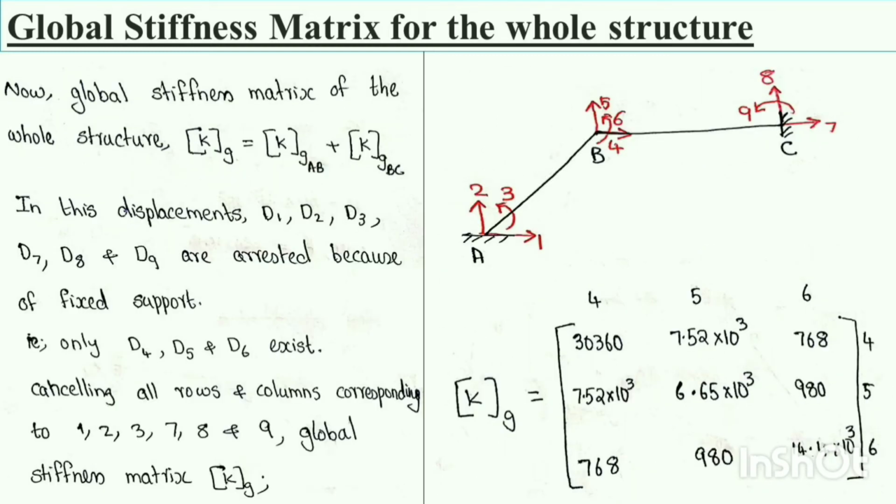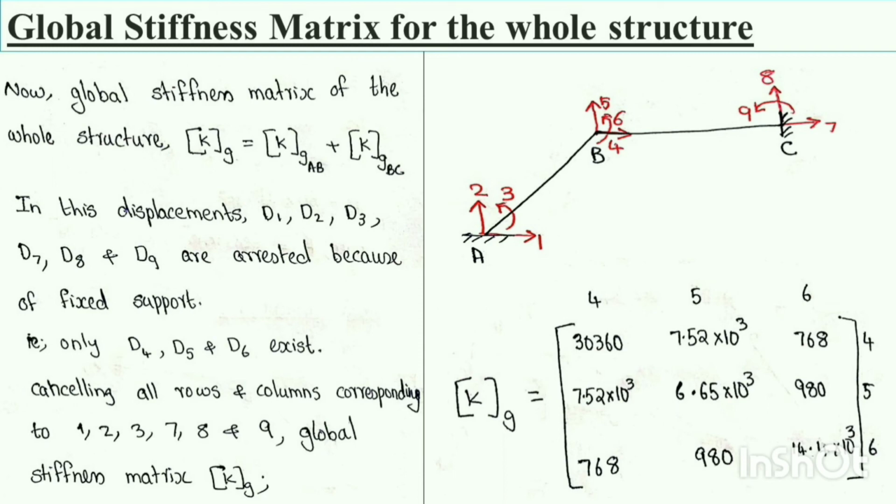Okay. Next, we can find the global stiffness matrix of the whole structure ABC, which is Kg, which will be equal to KGAB plus KGBC. So in this, displacements D1, D2, D3, D7, D8 and D9 are arrested because of fixed support. That is, only D4, D5 and D6 exist.